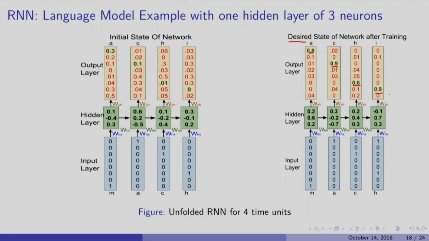So how do you make this happen? How do you make sure that the configuration of the hidden nodes in that desired state, which leads to the desired output layer, is attained? Well, we have to train the WHX and the WHH.